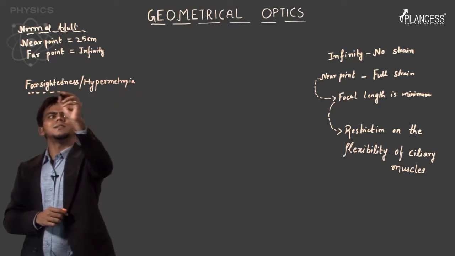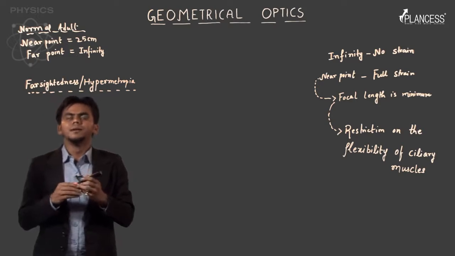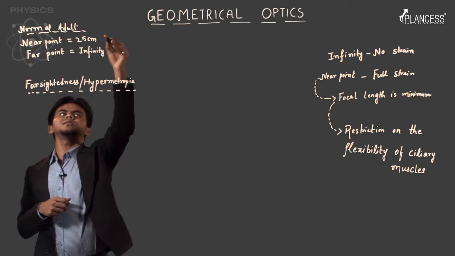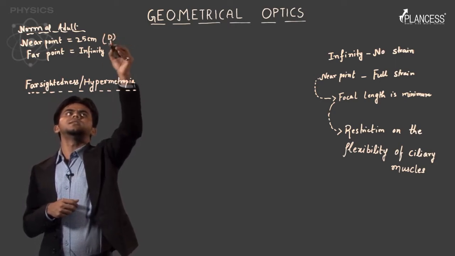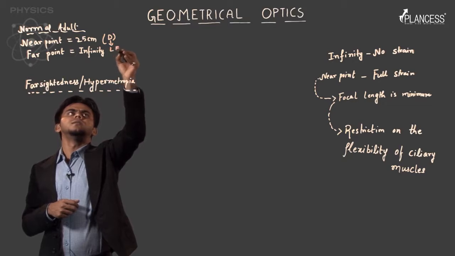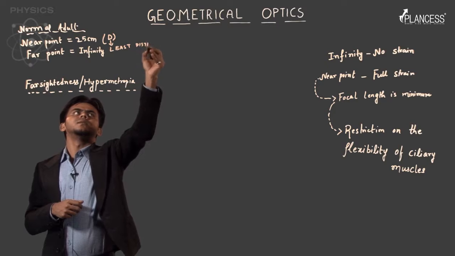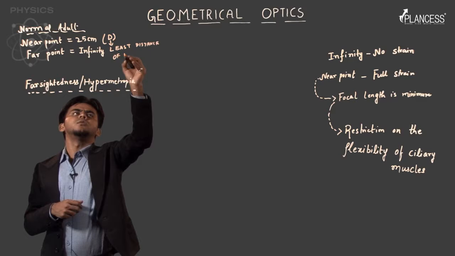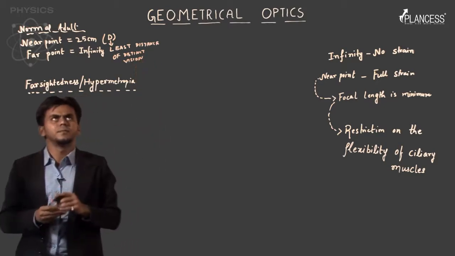Under this situation, what happens is your near point shifts to some different value. This near point is sometimes known as least distance of distinct vision.